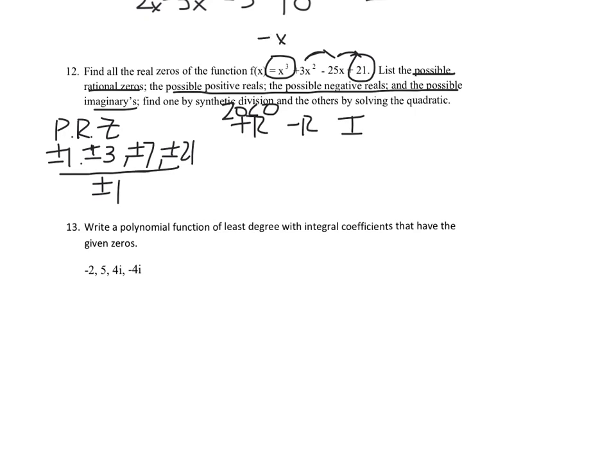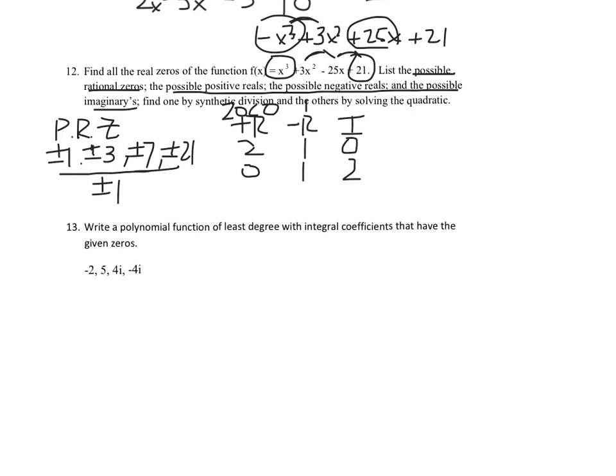So I'd have negative x cubed plus 3x squared plus 25x plus 21. Changing the odd powered terms, which are those. In that case, there's only 1 sign change. So I need to have 1 negative real. So to complete this, I'd have 2, 1, and then this has to be 0 because I have to have a total of 3, because that's the degree. Or I could have 0, 1, and 2.